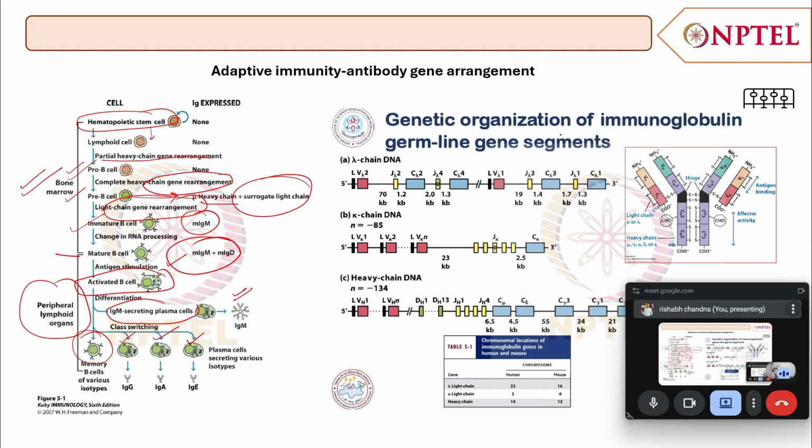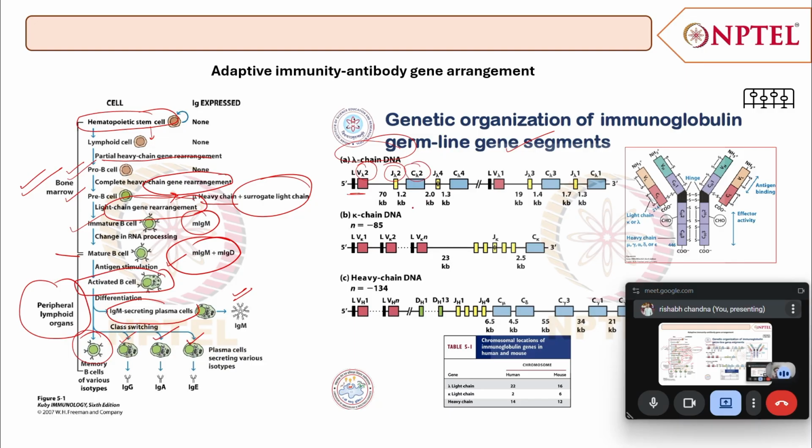So we have the genetic organization of immunoglobulin germline gene segments. So this is the lambda chain DNA in which we have the leader peptide L. Then we have the variable region. Then J is the joining region, and C is the constant region.